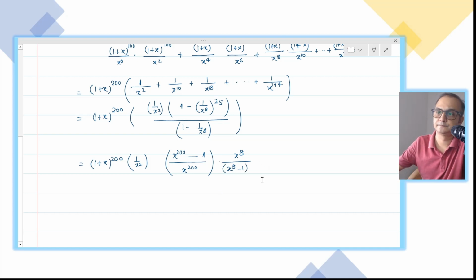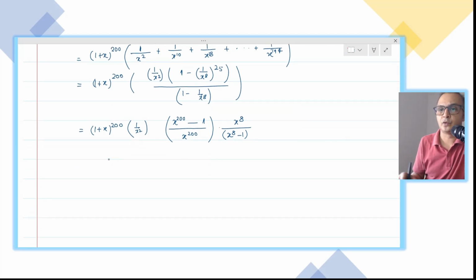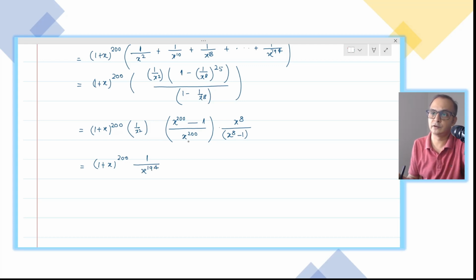Now what we can do, we can reverse the sign. So let me just write in this way. This will give you x^2, that is x^6, and then all simplification will give you 1 by x^194, because I have 202 in the denominator and 8 in the numerator.